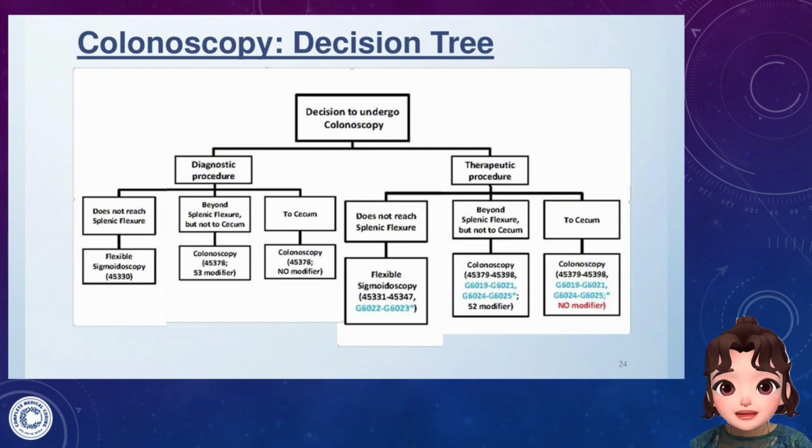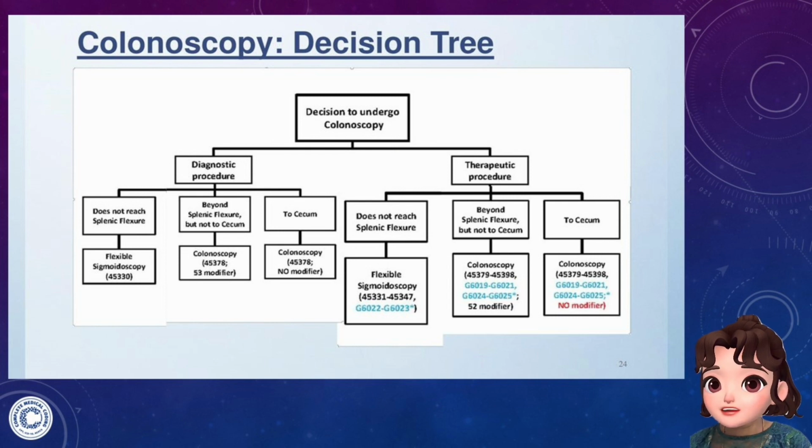It can be a diagnostic procedure or a therapeutic procedure. If it is a diagnostic procedure and the physician does not reach the splenic flexure, it will be a flexible sigmoidoscopy. We will code it as 45330. That will be the flexible sigmoidoscopy code.